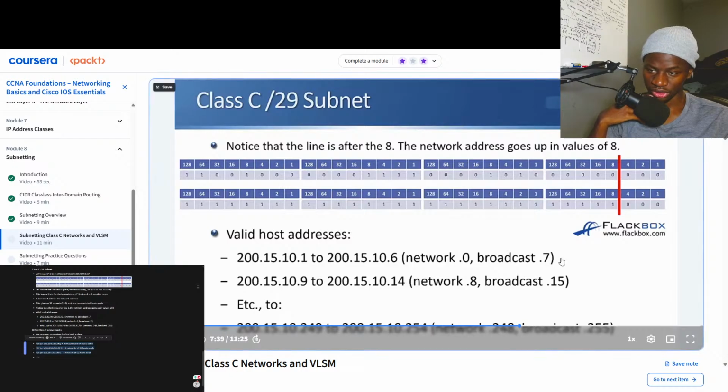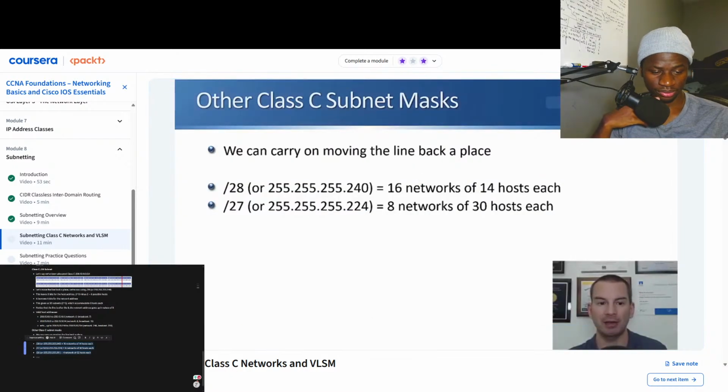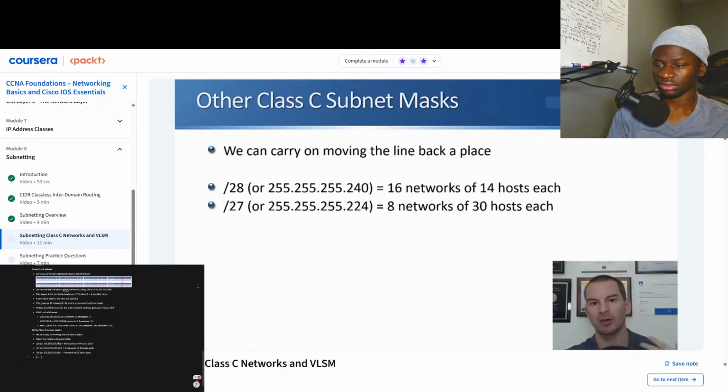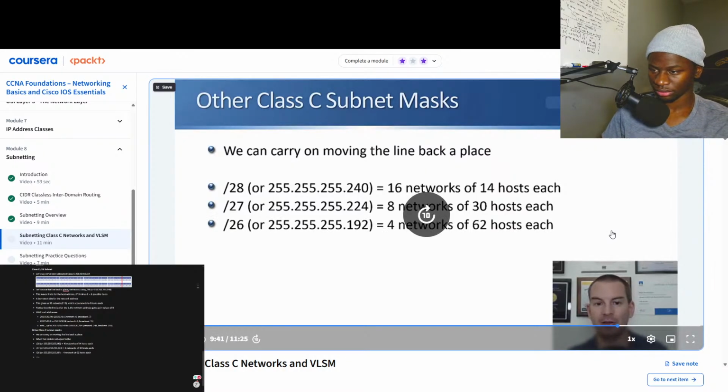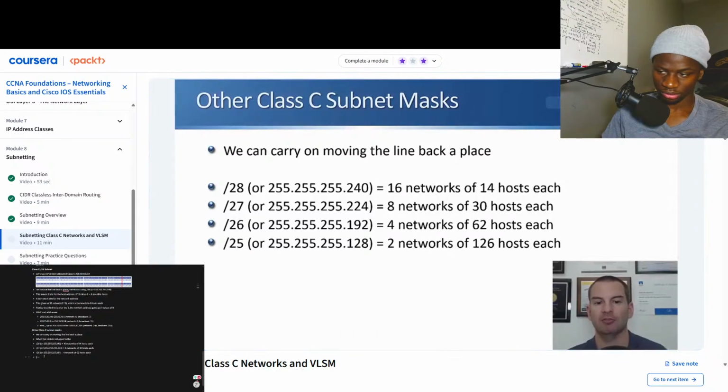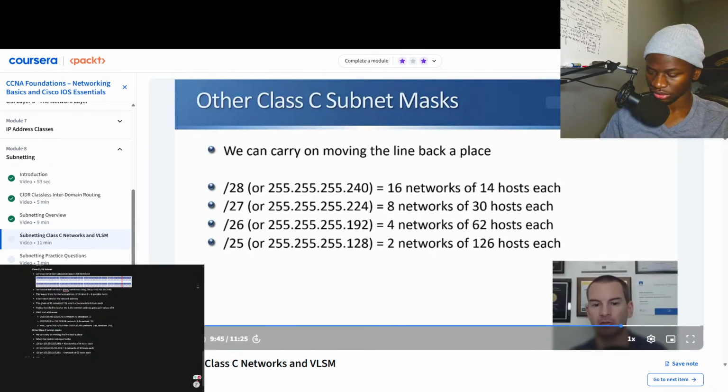Sometimes I like confusing myself to understand more. Back to /27, that's going to be borrowing 3 bits, so that is 248 available networks, leaving 5 bits. A /26 is 4 networks and 62 hosts. A /25, so it increases. As this number increases, the other decreases.